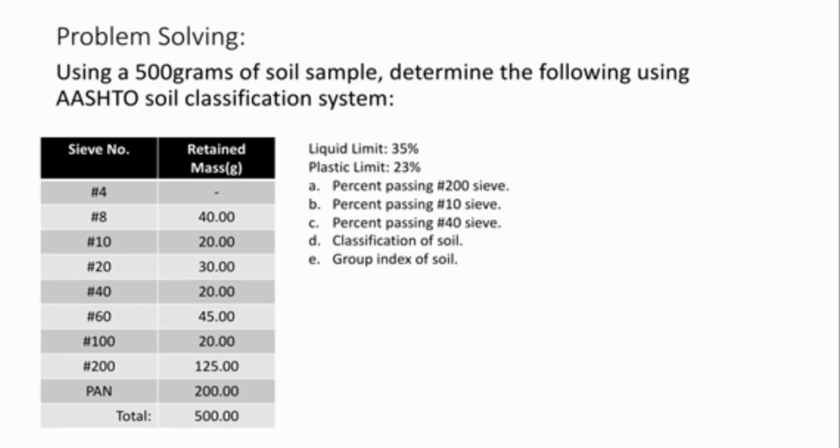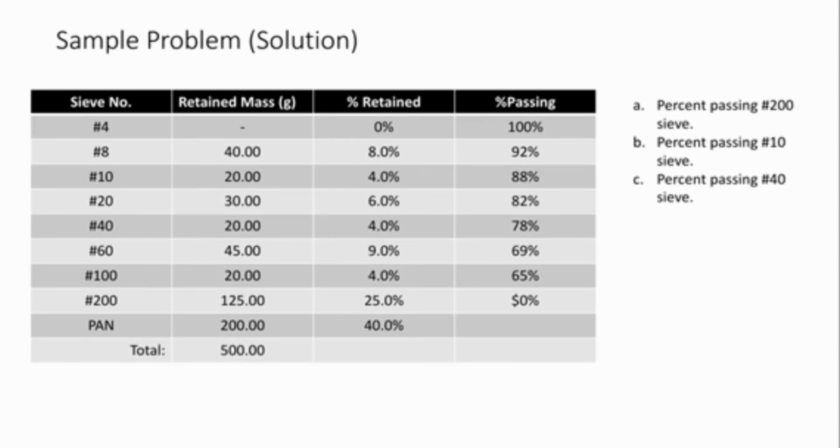In the sieve numbers, you have sieve number 4, number 8, number 10, number 20, number 40, number 60, number 100, and number 200. Next, while solving, I already discussed to you how to solve for percent retained and percent passing.